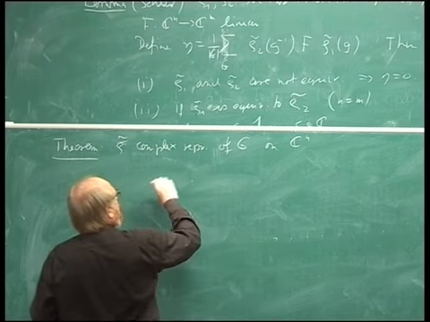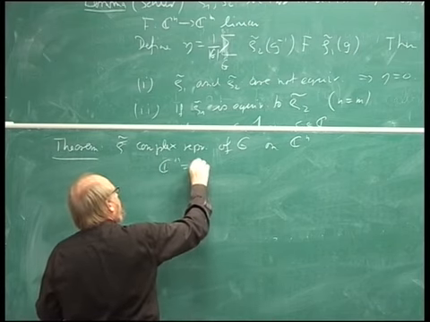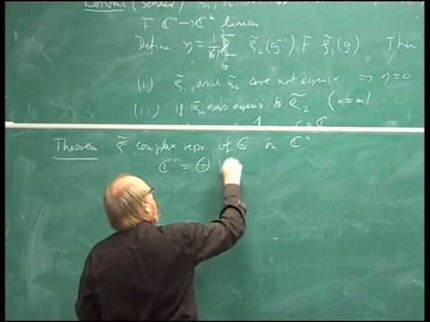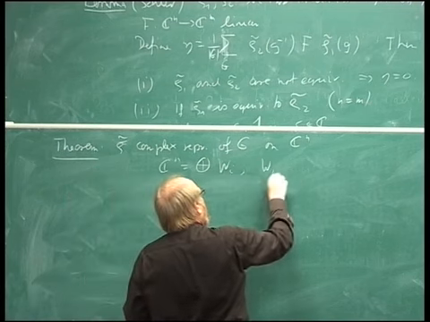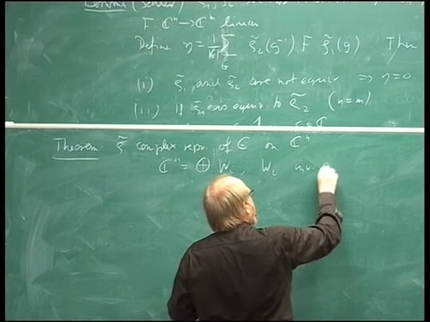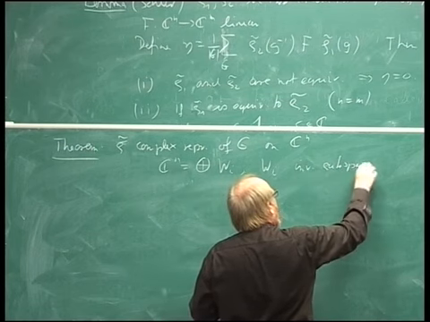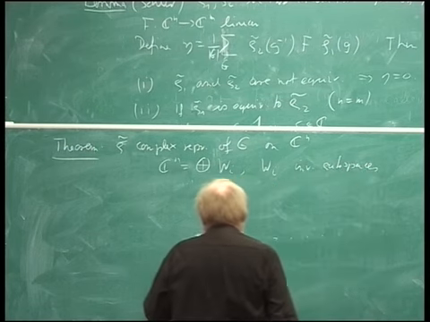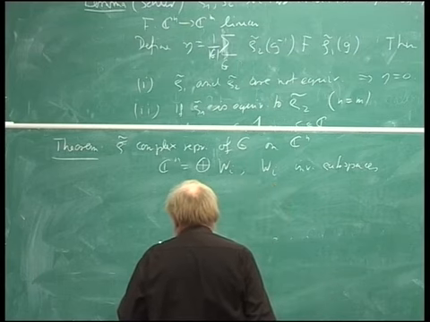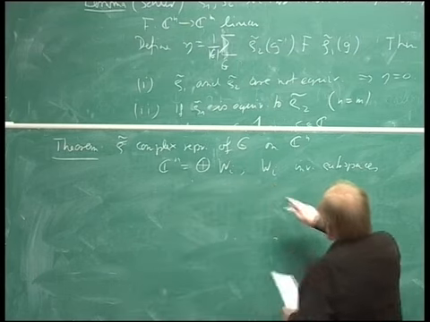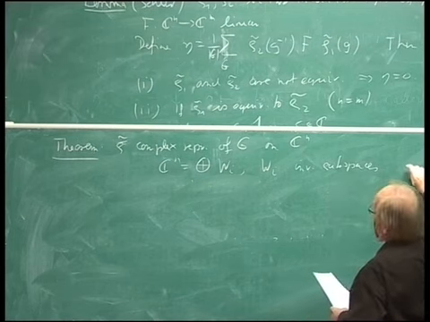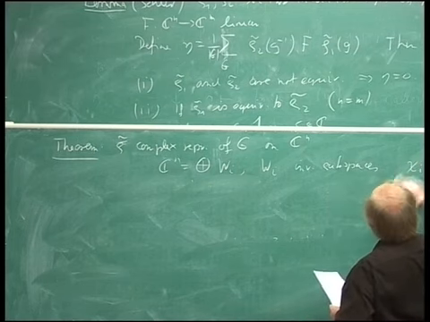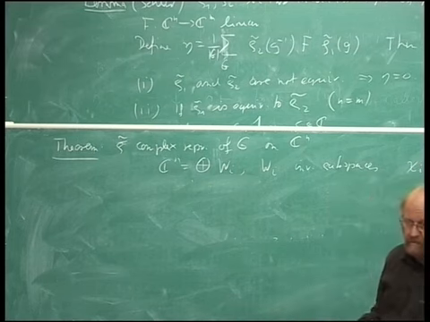And we assume that Cn is a direct sum of Wi, and the Wi are invariant subspaces. And so for each Wi, I have a character chi i, right?